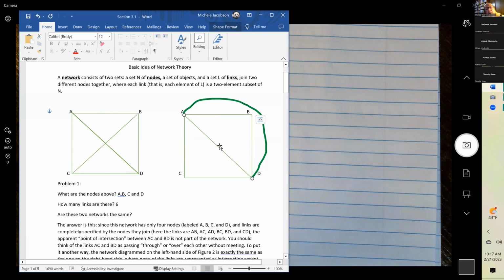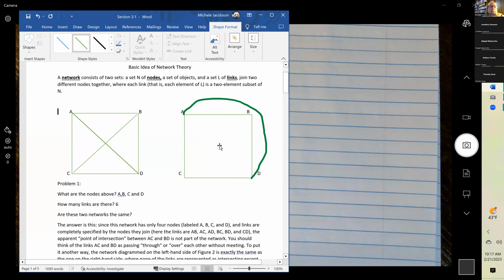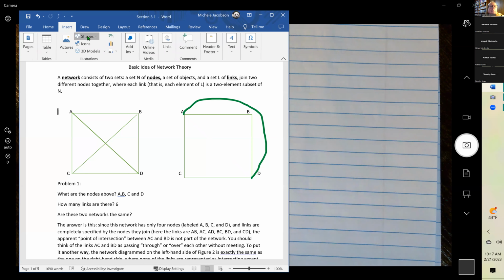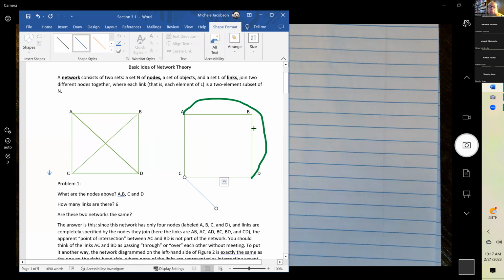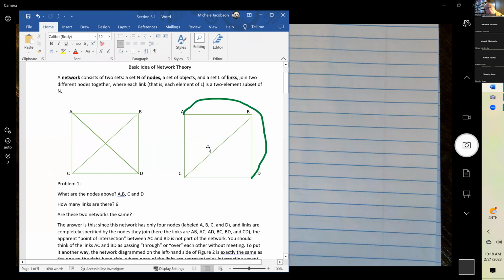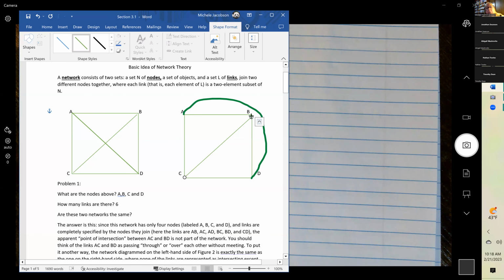Now, if we took this out and inserted one from here to here, we would make them the same. Because now we have A to D and B to C, where we didn't have that before.